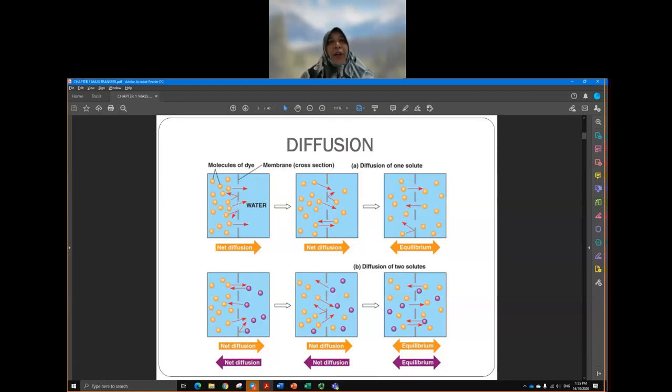It will continuously occur. You can see the transfer of particles from left to right, and also from right to left, until it reaches equilibrium.